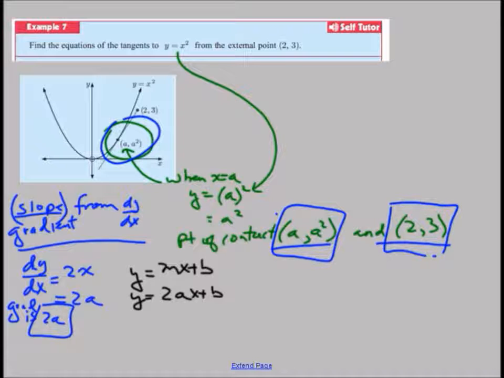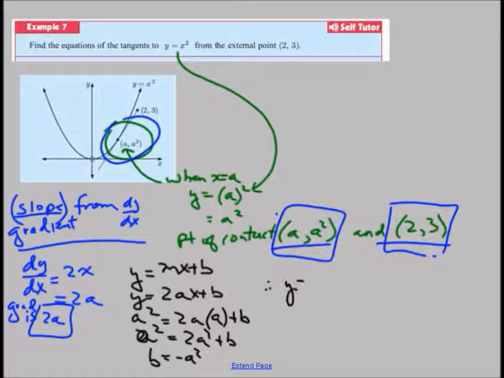Plug in (a, a squared): a squared equals 2a times a plus b, so a squared equals 2a squared plus b. So b equals minus a squared, which means the equation is y equals 2ax subtract a squared.